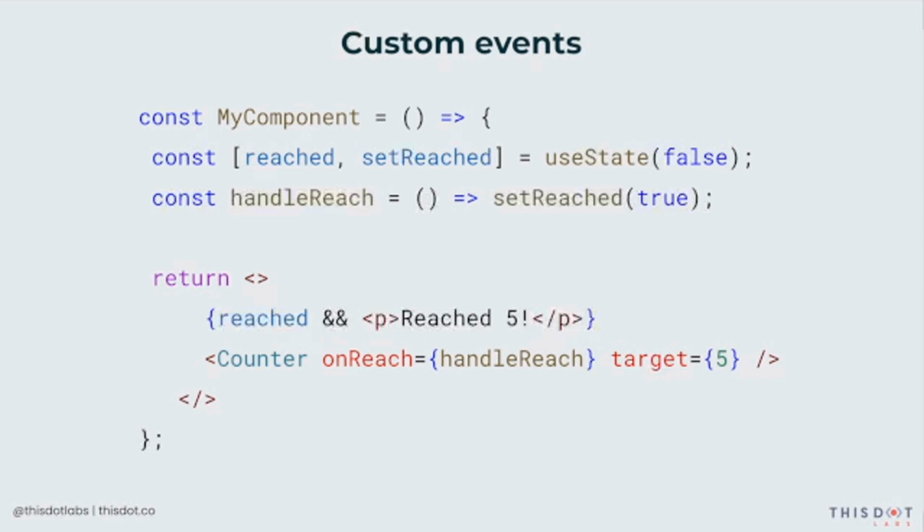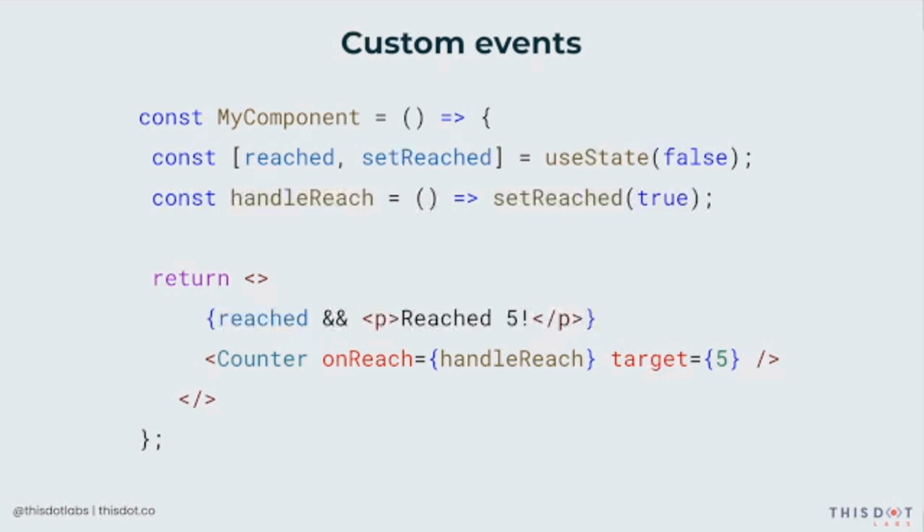And if a statement evaluates as false within React, it will simply not render the output of that. So what we can do here is do a Boolean value, double ampersand, and then whatever we want to render whenever the first value is true. So if reached is false, it won't render anything at all. If reached is true, it will render our paragraph that we have reached 5.